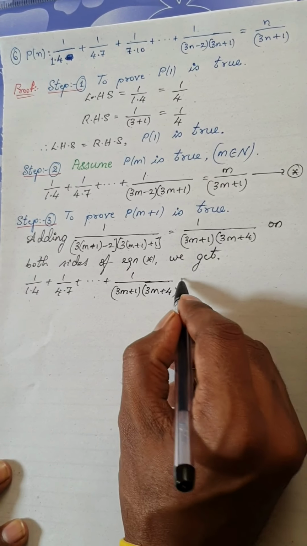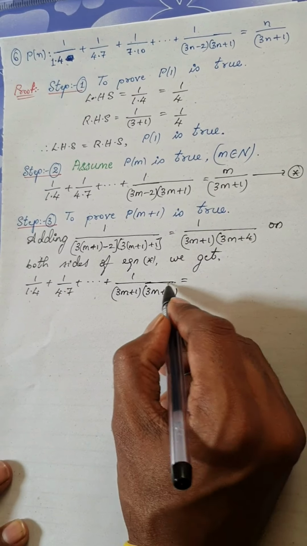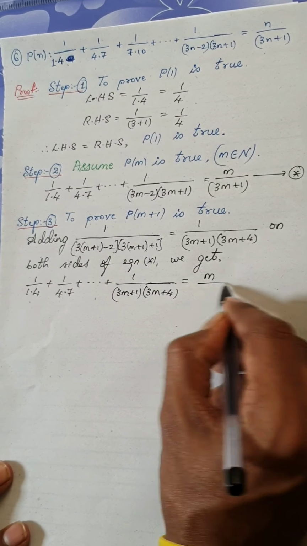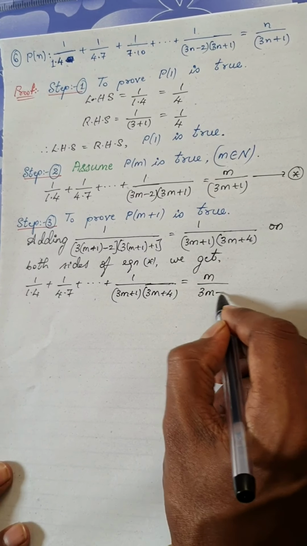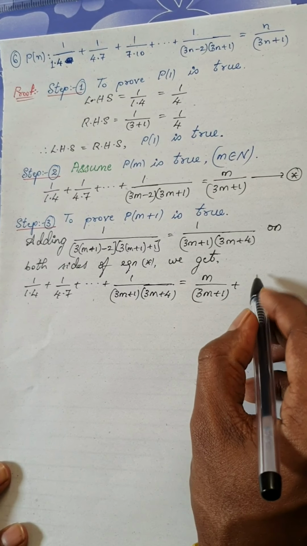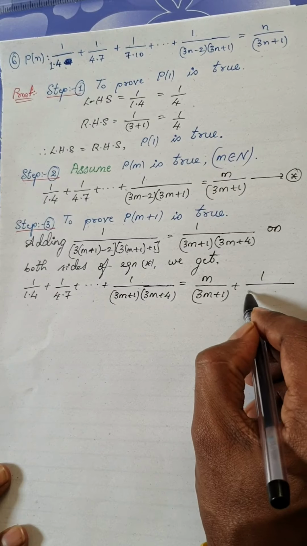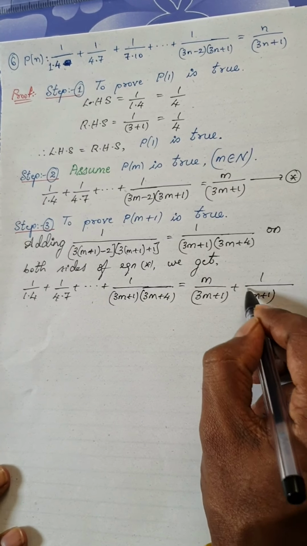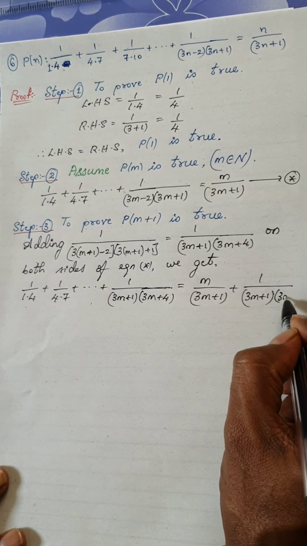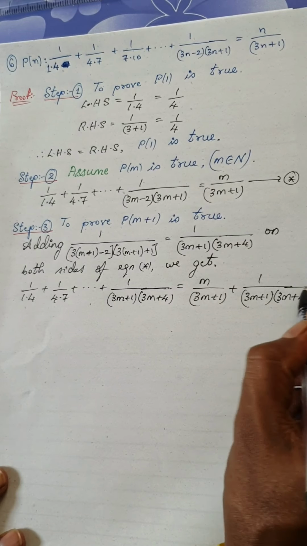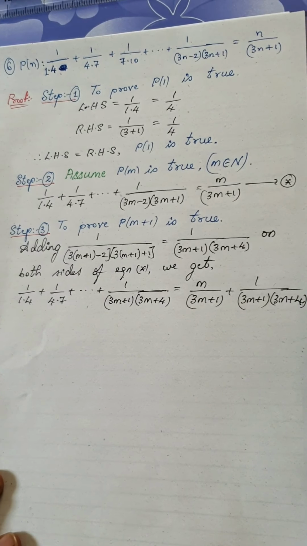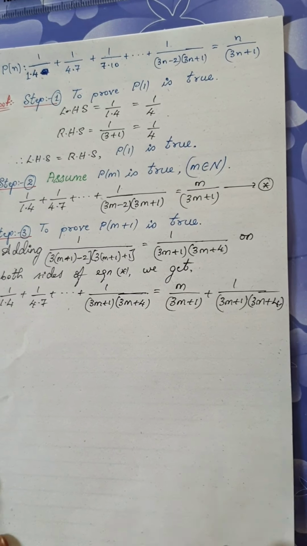Okay, so this will be equal to, see what is present in the right hand side. Already I have m divided by 3m plus 1. For this term, I'm going to add, what is the term? 1 divided by (3m plus 1) into (3m plus 4). Okay, so this is the term I have added.